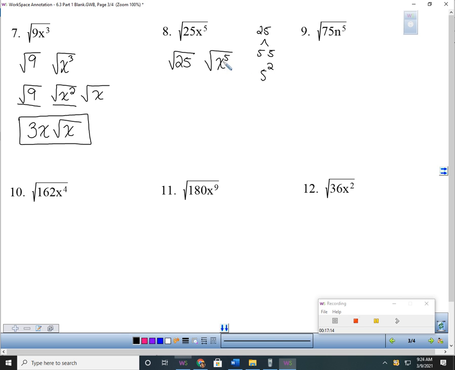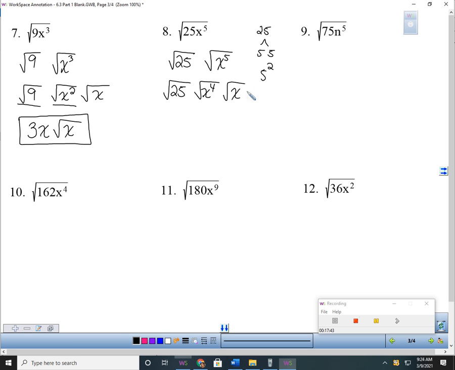Okay, what about your x to the 5th? Is that a perfect square? No, 5 is bigger than 2, so what is the biggest number smaller than 5 that will divide by the 2? A 4. So I'm going to keep my 25 by itself because I know I'm going to square root that. And then I'm going to split my x to the 5th into x to the 4th, and that leaves how many x's left over?